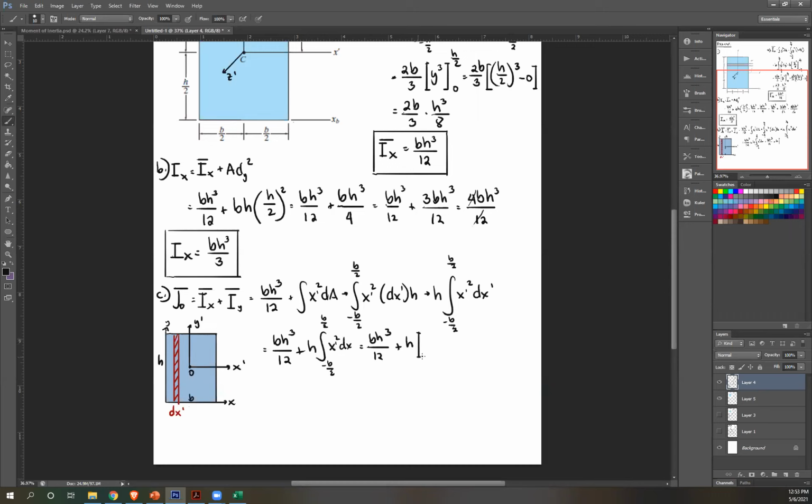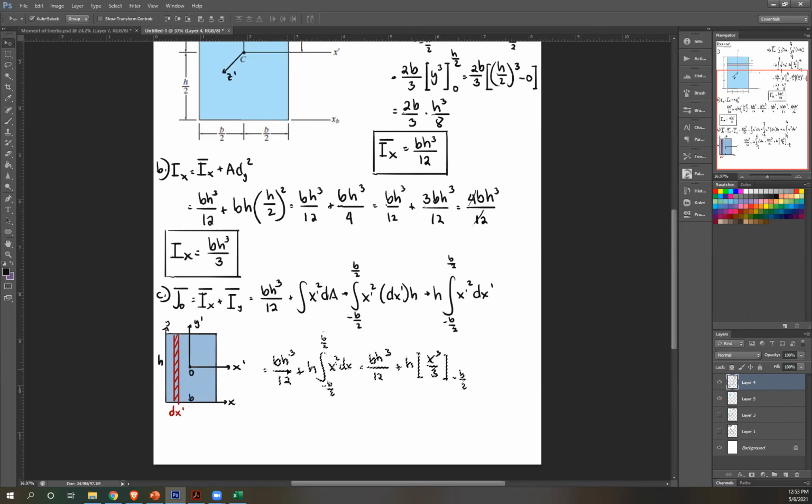So h times x cubed over 3, yeah, correct, x cubed over 3. And then evaluate from negative b over 2 to positive b over 2. And like I did here, instead of integrating from negative to positive, let's just multiply it by 2, then integrate from 0 to positive.